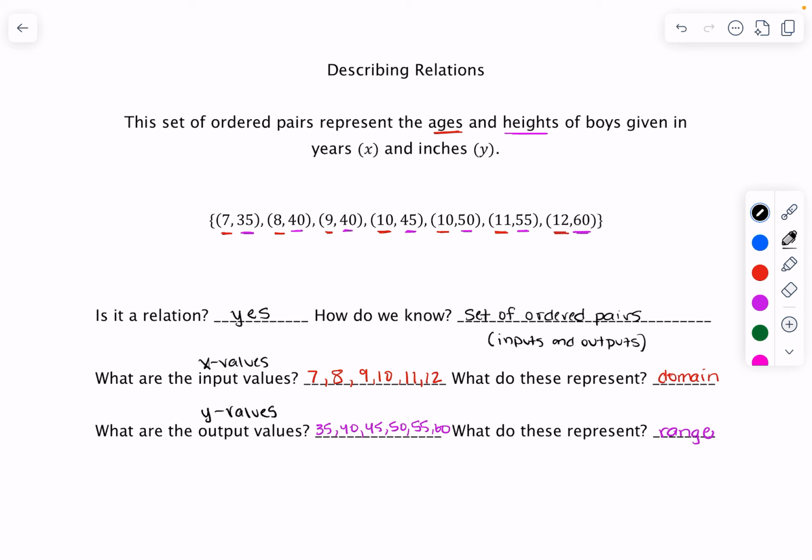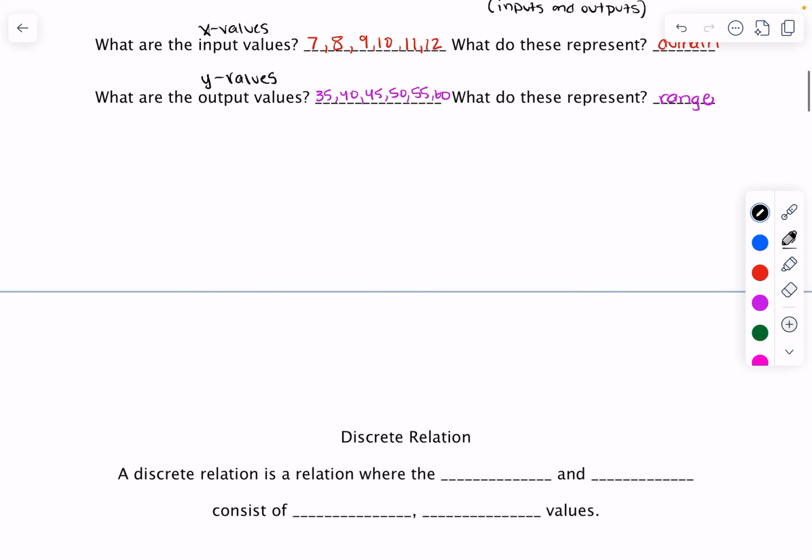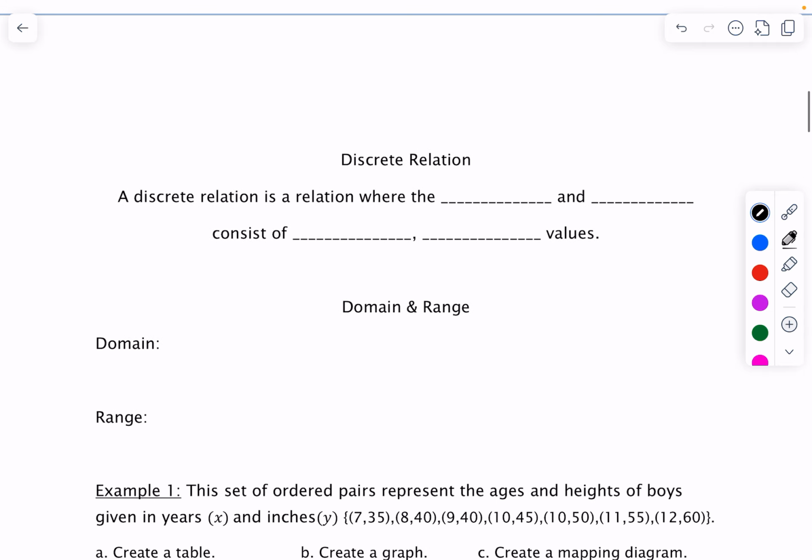Okay. So let's talk about a specific type of relation called discrete. So this lesson focuses on this concept of discrete relation.